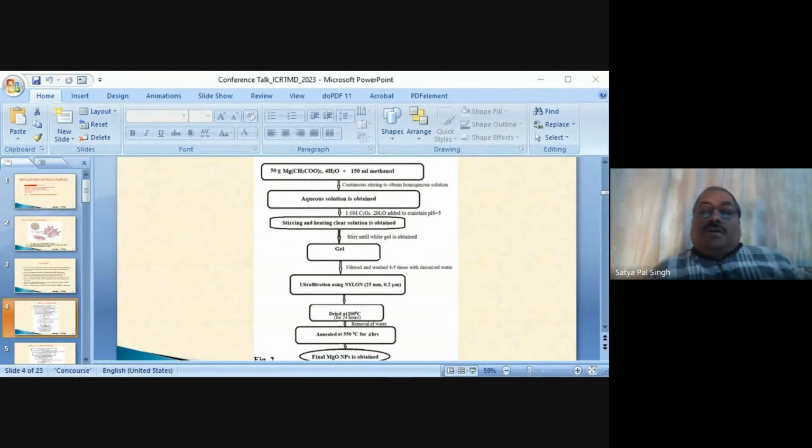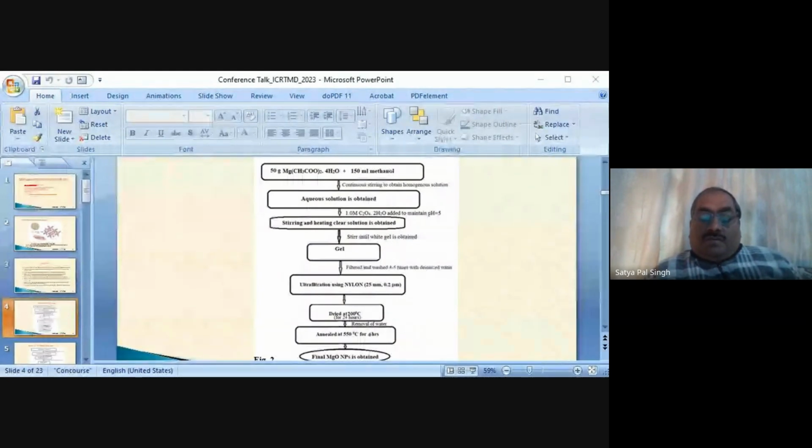We drop it and mix it together so that the pH is maintained at 5. With stirring and heating, when the pH is around 5, we obtain a clear solution. Still with stirring, lastly we get a white gel. Then we filter it and wash it 4 to 5 times in deionized water. Small particles of MgO are formed.